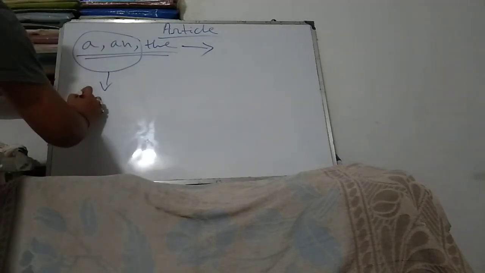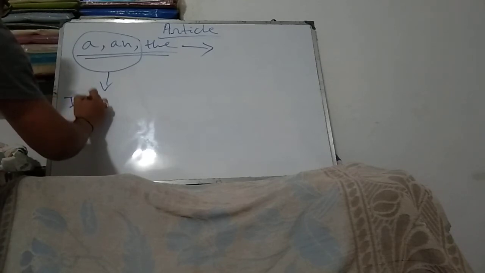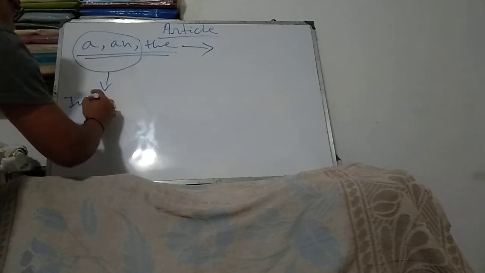And when this word is used before a vowel sound or vowel letter, it is pronounced as thee. A, an and the, these are called articles, we all know. And among these words, a or an is used to indicate an indefinite noun, any indefinite thing.